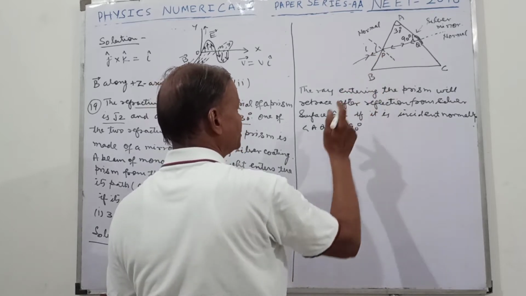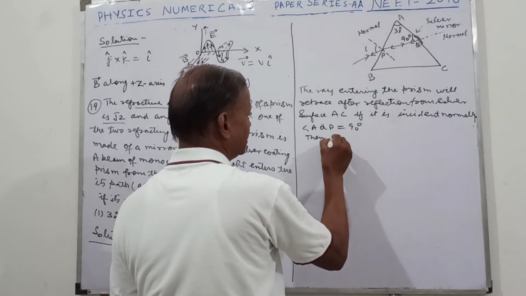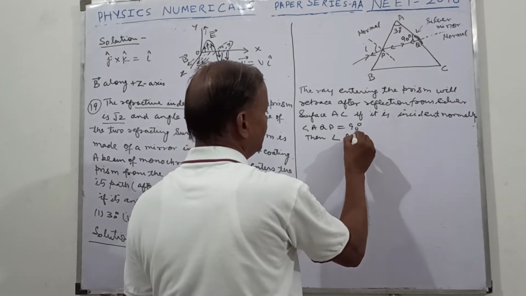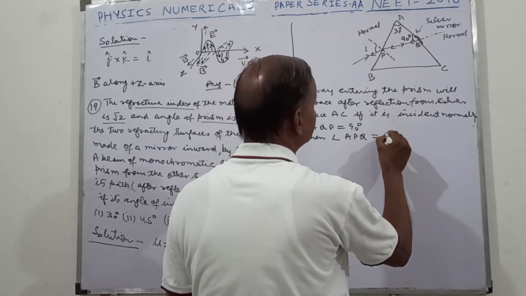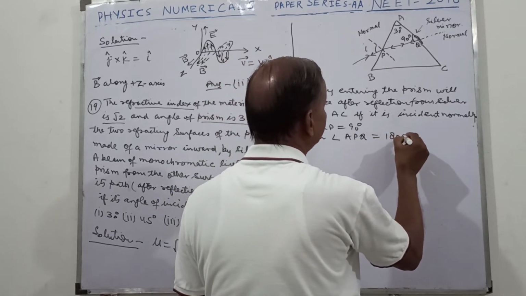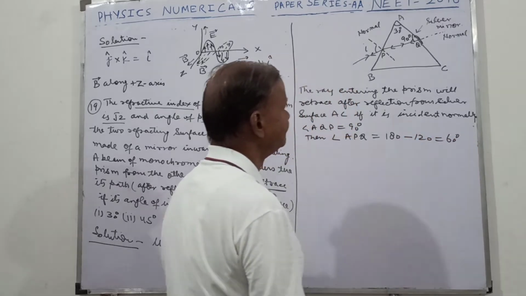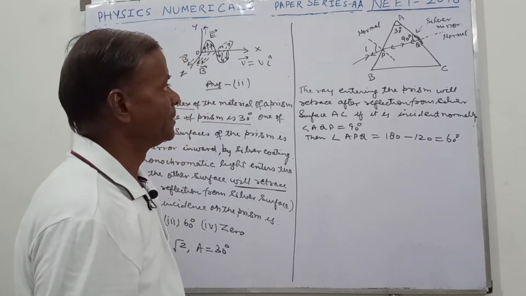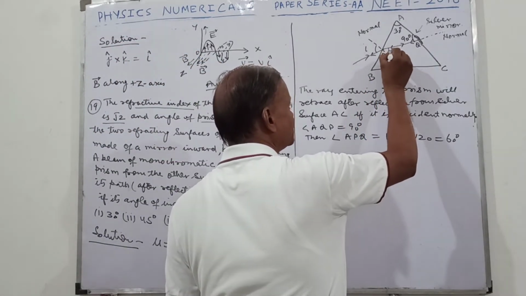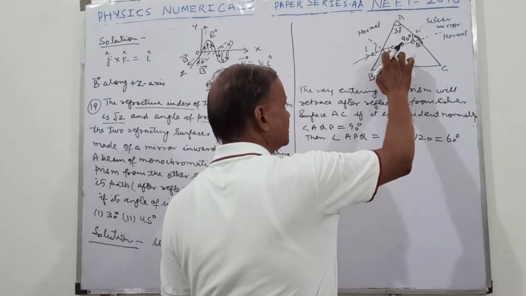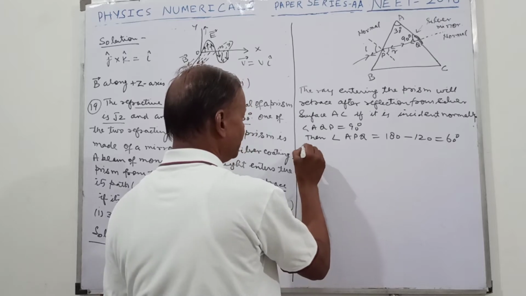Then angle APQ is 180 minus 120, so this is now 60 degree. When this is 60 degree, then this is the angle of refraction.